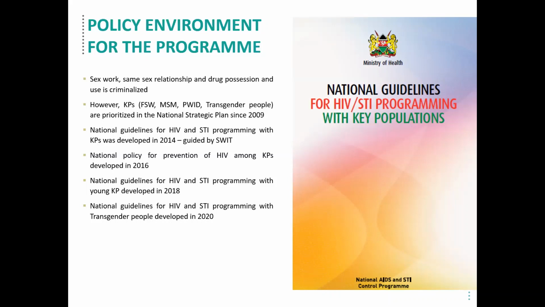We also have the National Policy for Prevention of HIV among key populations developed in 2016. We also have our national guideline for HIV and STI programming for young key populations developed in 2018, and national guidelines for HIV and STI programming with transgender people developed in 2020, which was launched this year. So these are the latest.